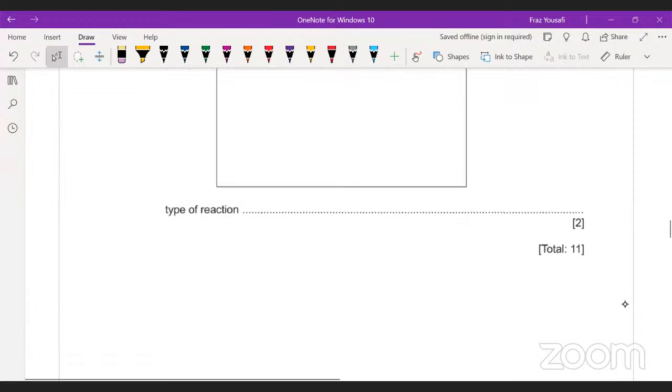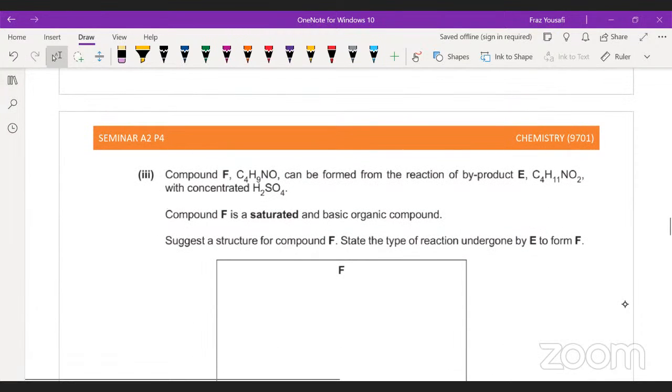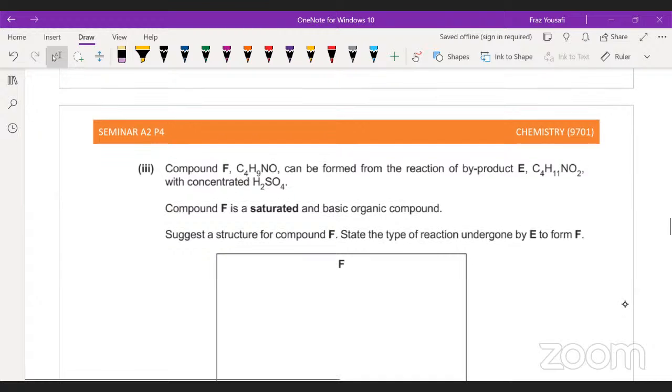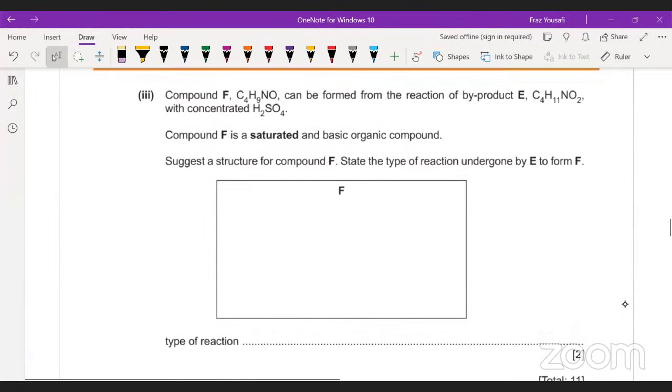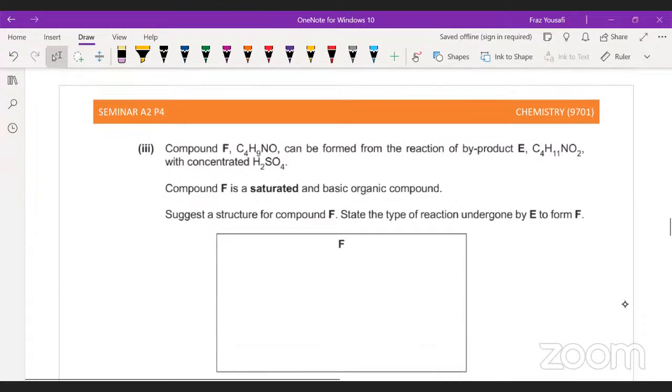All right, the next part, it says compound F, which is C4H9NO, can be formed through the reaction of the byproduct, C4H11NO2, with concentrated sulfuric acid. It says that compound F is saturated and a basic organic compound, meaning it has to have an amine group, right? NH somewhere. So suggest a structure for compound F, and state the type of reaction undergone by E to form F in the first place.